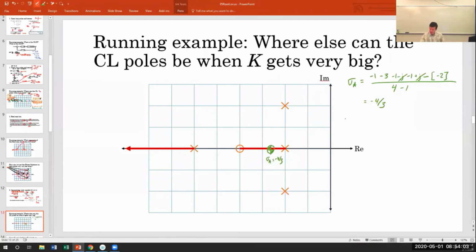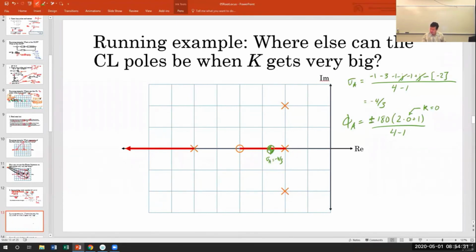So now let's work on the asymptote angles. The formula here is 180 degrees times 2 times 0 plus 1 over 4 minus 1. So this is the little k equals 0 case. And the reason I said that each little k gives you 2 angles is because of the plus and minus out here.